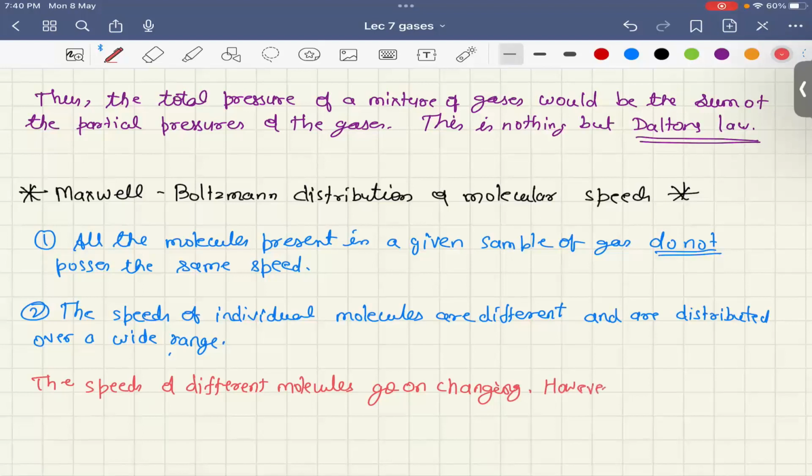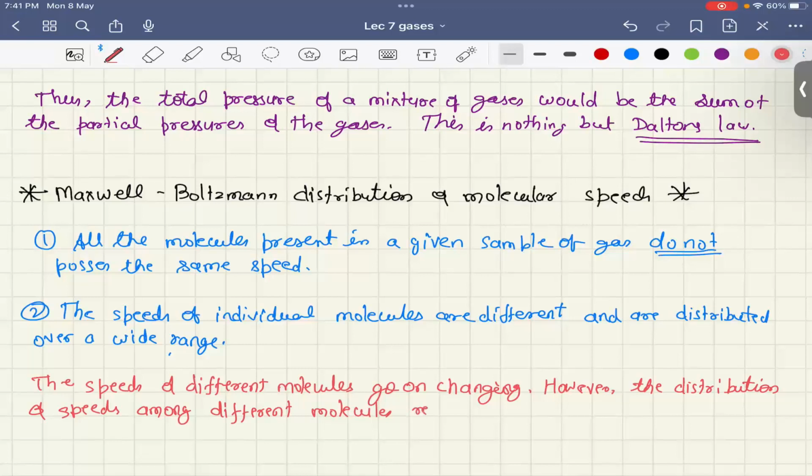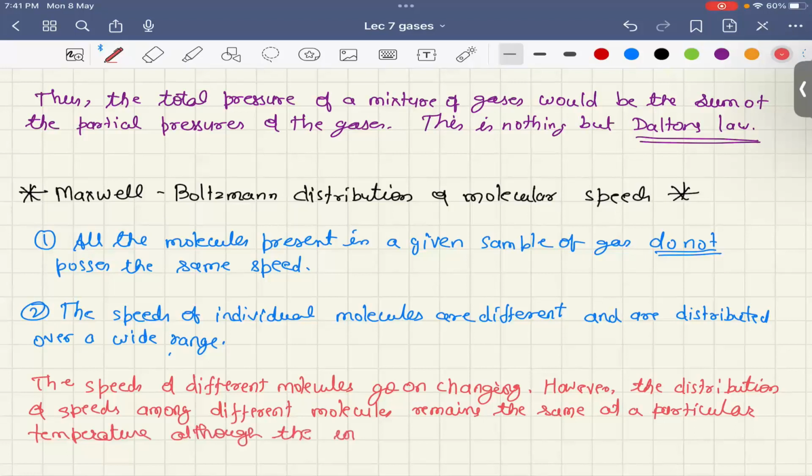However, the distribution of speeds among different molecules remains the same at a particular temperature, although the individual speeds of the molecules may change.